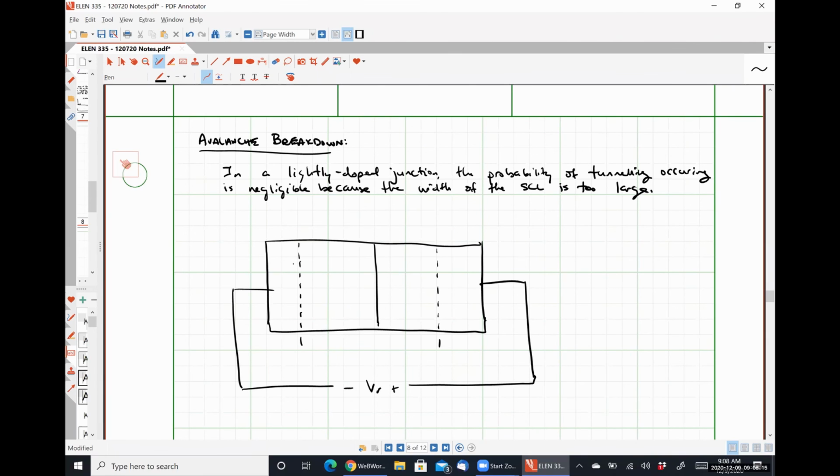Let's say that I have an electron that diffuses over. Because the electric field strength is very, very large, it could hit a portion of the crystal lattice.